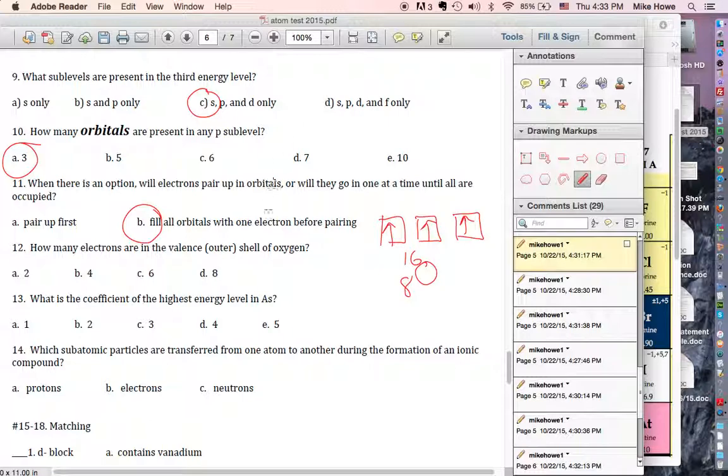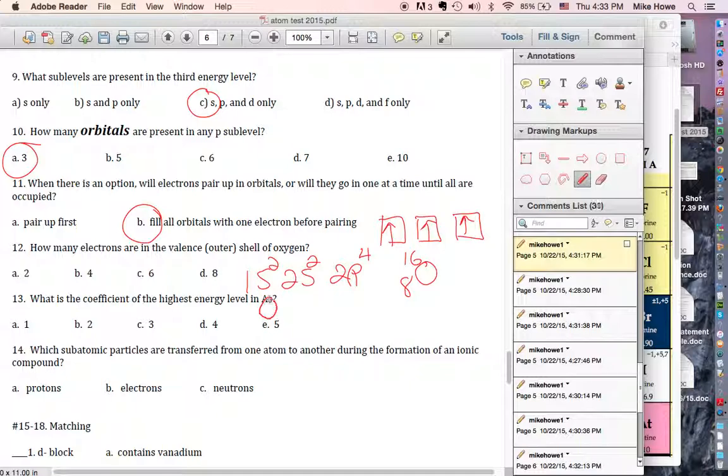If we write the electron configuration for oxygen, it's 1s2, 2s2, 2p4. So I don't have enough electrons to put all 6 electrons that could go into the p orbital.